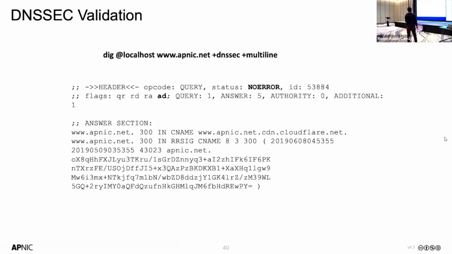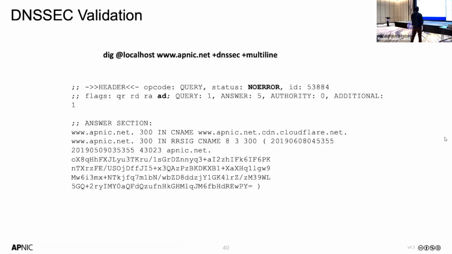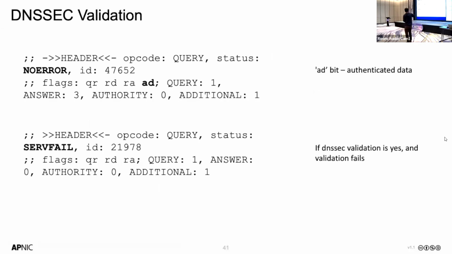Then if we move forward, yep. So the next slide has, if we have the AD bit or authenticated data flag on, it means that this is authenticated data. But if you do not see the AD, as you can see in the second example, that means the validation failed in the recursive resolver and the answer is not authenticated.